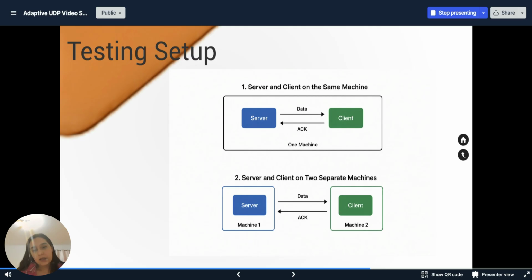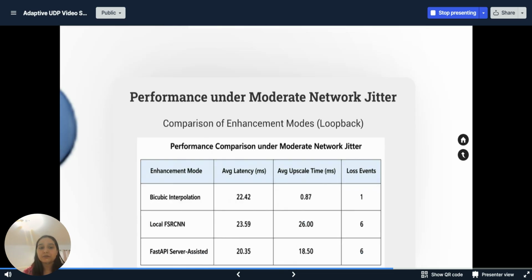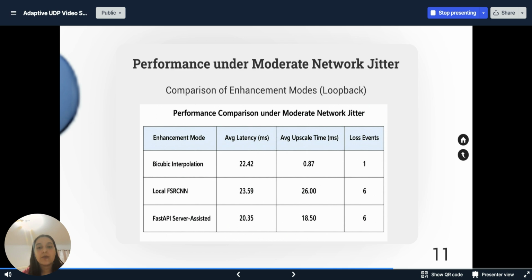You can see the data being sent and the client sending back the ACK. The second one was the server and client on two separate machines, which introduced asynchronization, and also one of the machines had a GPU while the other was just CPU, while both were doing image processing and sending, just to evaluate the system better.